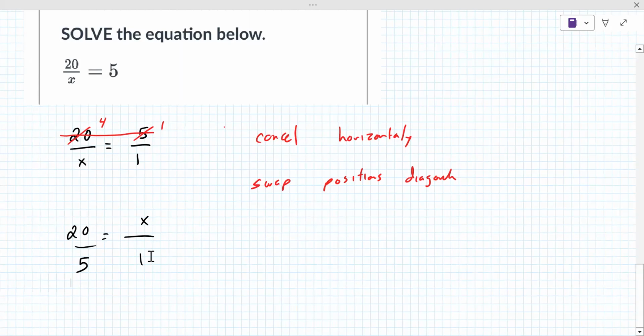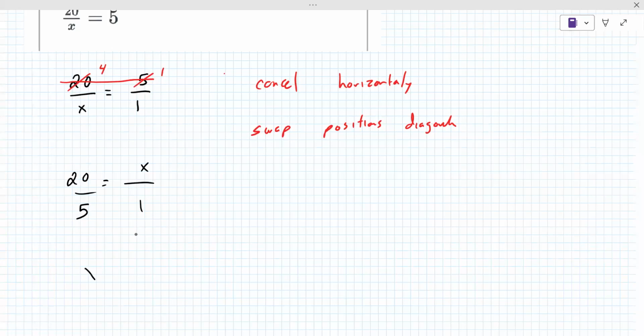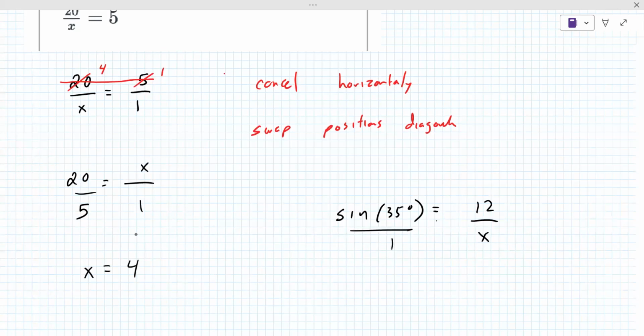Yes. Okay, so these are some things that will speed up your calculations. Because we saw some problems earlier where it was like sine 35 degrees equals 12 over x. And if you remember that you can swap diagonally, you can quickly get to the answer without having to rewrite a bunch of stuff.